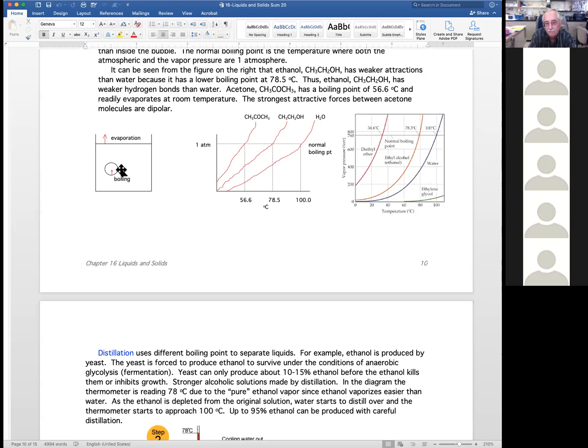Oxygen? No. Hydrogen? It's water. Here you're going from liquid water to gaseous water. What if I boil alcohol? What's in the bubbles? Alcohol, right? Yeah.